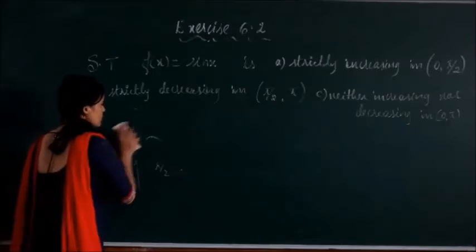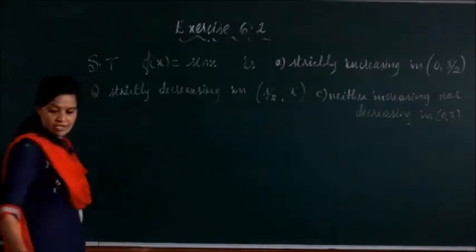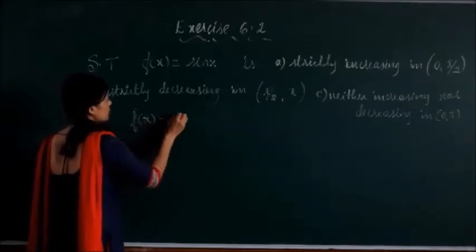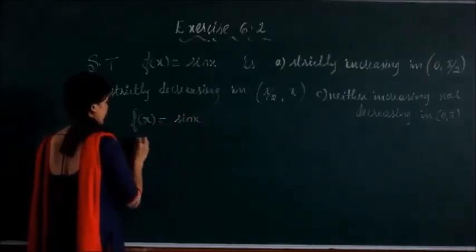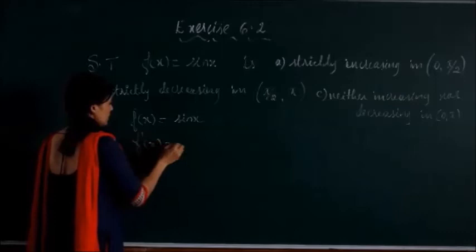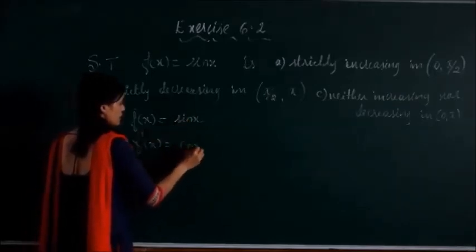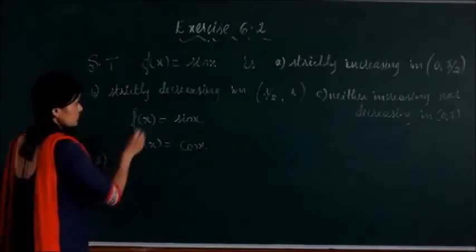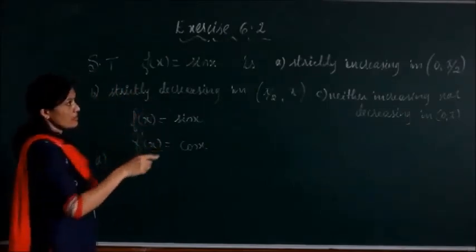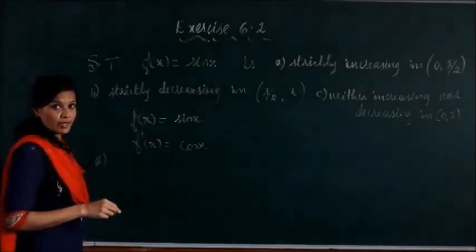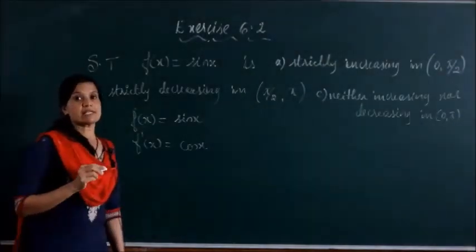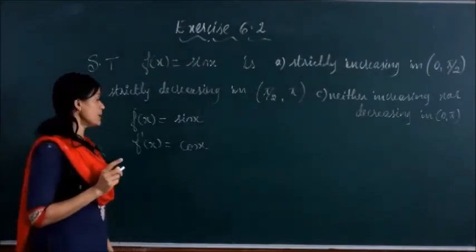So f of x is equal to sin x, it is given. So f dash of x I will find out. f dash of x, derivative of sin x is cos x. Now the first question. The function is strictly increasing in the interval 0 to pi by 2. What is the condition for strictly increasing? f dash of x is greater than 0.